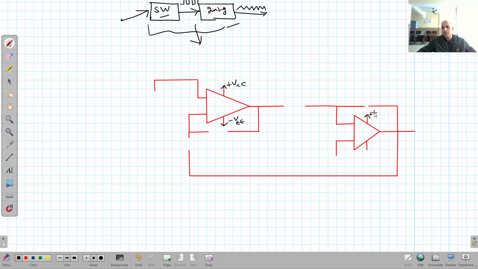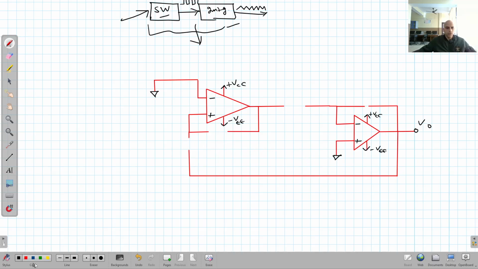Again the same, plus VCC, minus VEE. This is the output. This is positive, this is negative. This is positive, this is negative. This is virtual ground, and again here we have virtual ground.